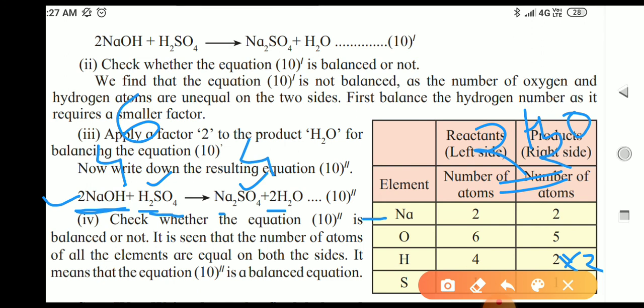Now in the product side, in Na2SO4 there are 4 oxygen, and in H2O this 2 is multiplied to oxygen also, so total oxygen becomes 2 plus 4, total 6. So all atoms in the equation are balanced now, so this equation is called the balanced equation.